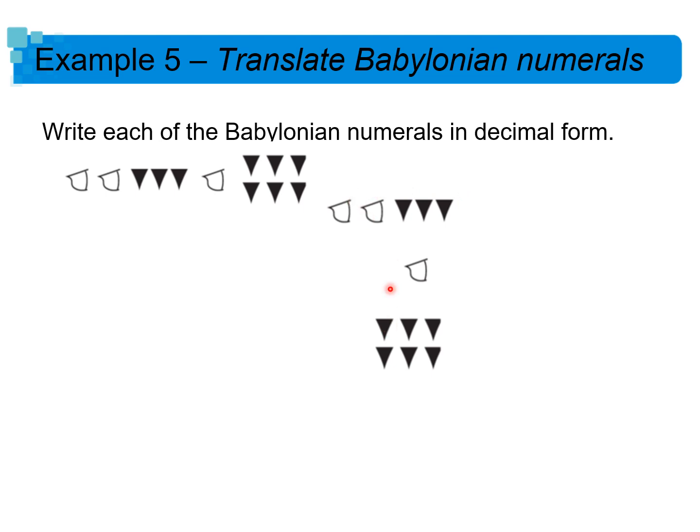The reason I did that is because this together represents however many 60s are represented in this number. So this would be 23 sets of 60. That would be 23 times 60, which is 1,380.